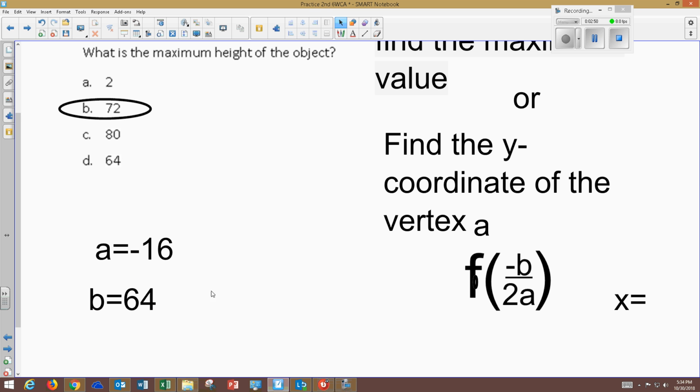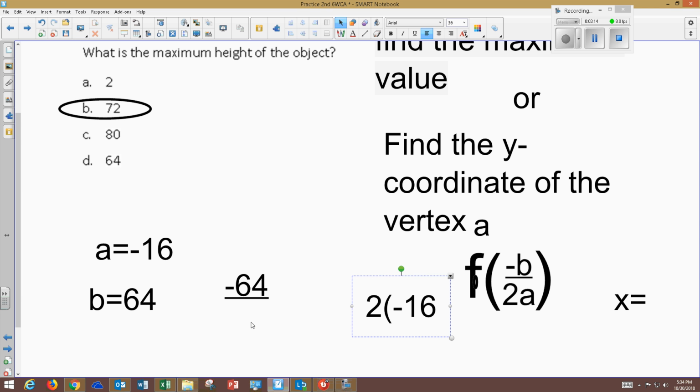So negative b over 2a would be negative 64 over 2 times negative 16.